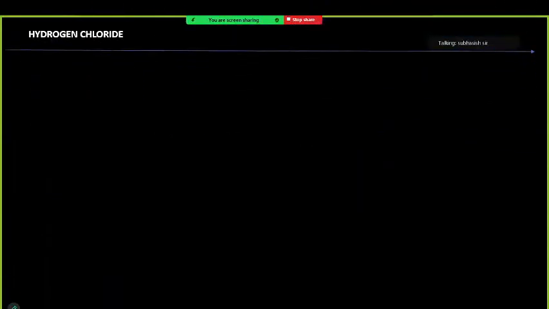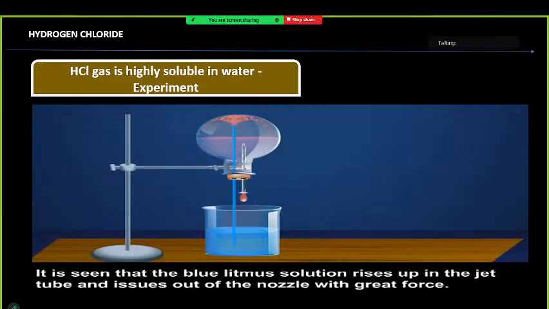After pressing the dropper, the blue litmus solution comes here and appears red, because this part contains HCl plus some moisture, and in the presence of HCl, the blue litmus is converted into a red one.